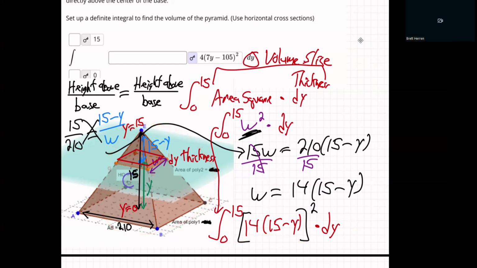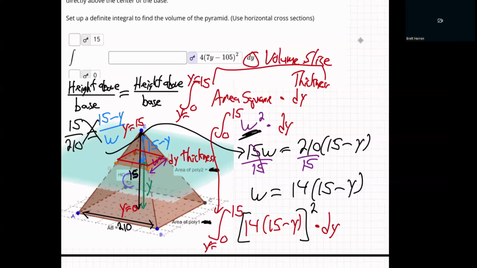So again, how did we do it? We just said we're going to need to add up these slices. Here's one slice at a height of y, as y goes from 0 to 15. y is 0 at the bottom, 15 at the top. And we're going to sum up the slices, dy is our letter, as y goes from 0 to 15.